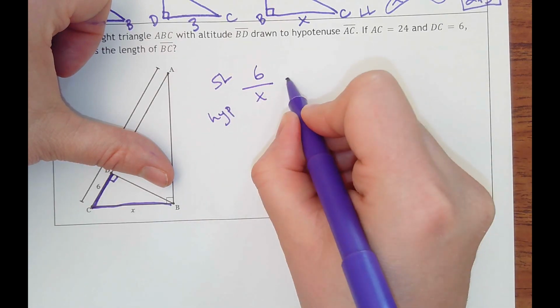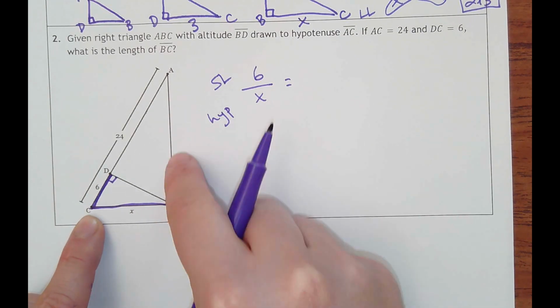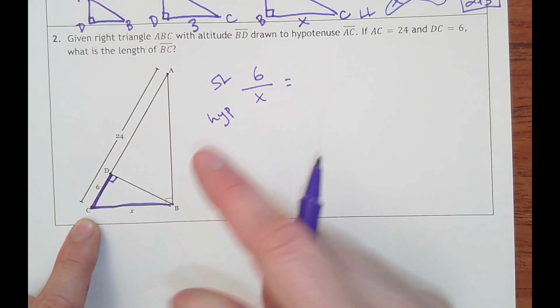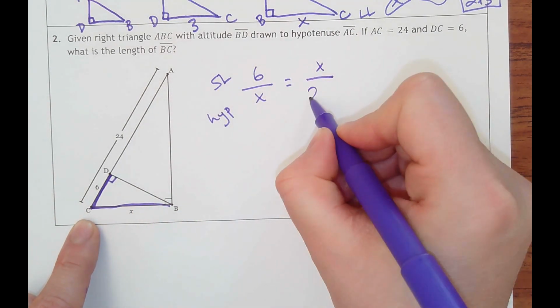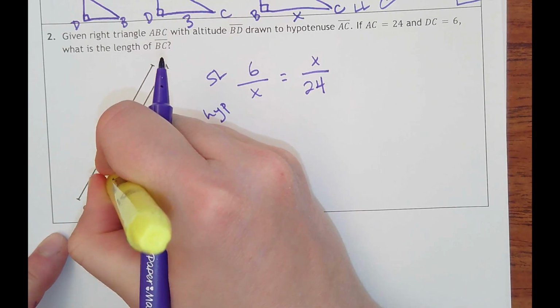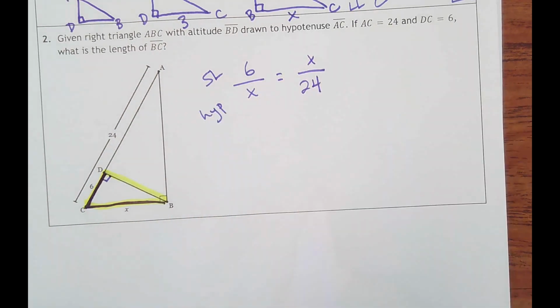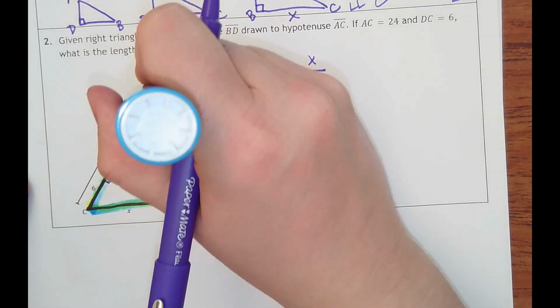Now I need to use one of the other triangles and have a short leg to hypotenuse. So I happen to see this whole big triangle, this is my short leg, and then my hypotenuse is this whole length of 24. So you're looking at this triangle where it was short leg to hypotenuse, and then this triangle is short leg to hypotenuse.